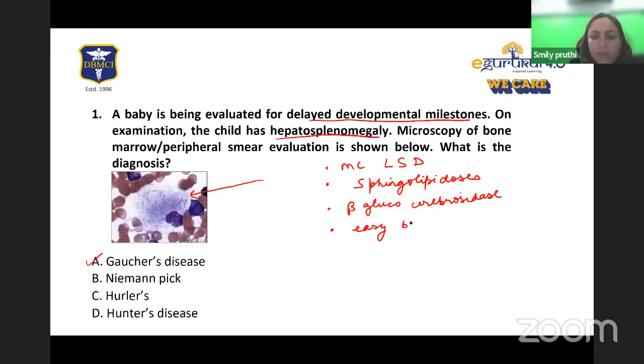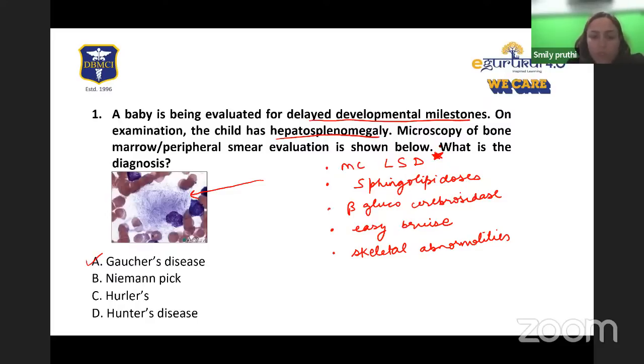Patient has easy bruisability, so commonly bruises are there, and skeletal abnormalities. Very frequently a question is asked on sphingolipidosis, especially Gaucher's disease. Do all the lysosomal storage diseases once, okay?